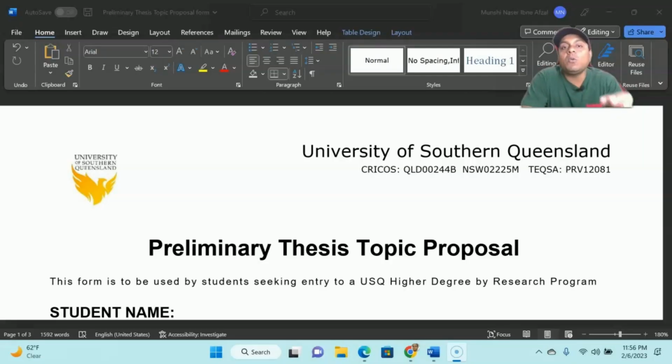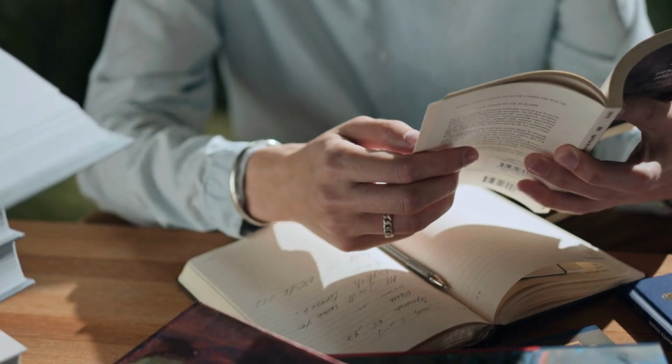Secondly, in order to apply for those universities, especially UK based universities, Australia, Malaysia, and others, not USA or Canada, because US and Canada require coursework initially and then you go for the PhD or master's thesis. But usually in Australia or UK, some universities in Canada, and Malaysia especially, a proposal is often needed in order to get an admission.